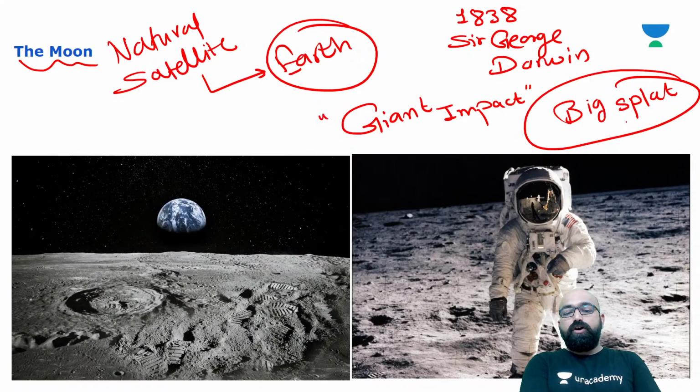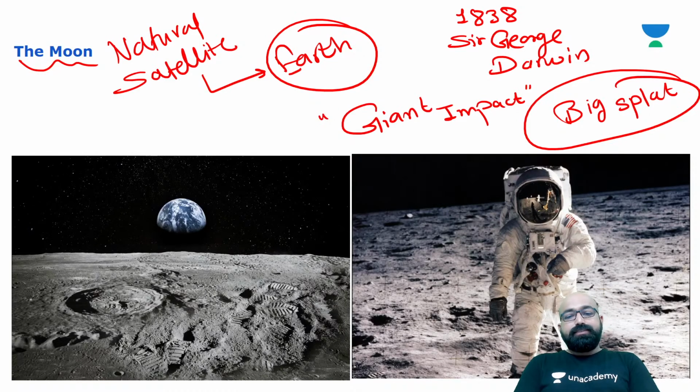A body of the size of 1 to 3 times that of Mars collided into the Earth sometime shortly after the Earth formed.